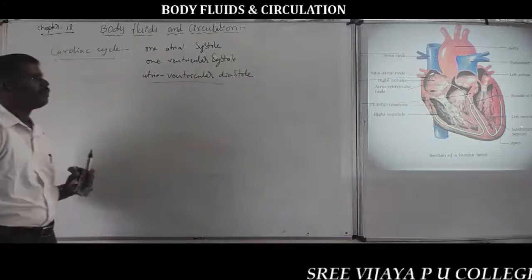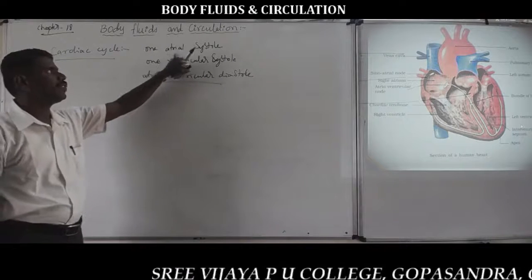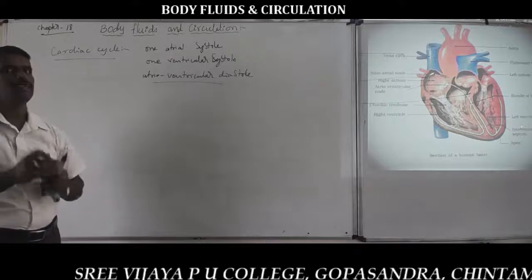So in the entire cardiac cycle, one atrial systole is the contraction of the atrium.